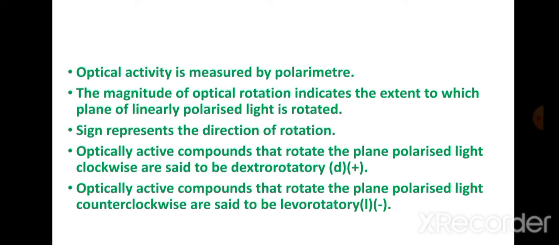Optically active compounds that rotate the plane polarized light clockwise are said to be dextrorotatory, small d, not capital D, with a plus sign.